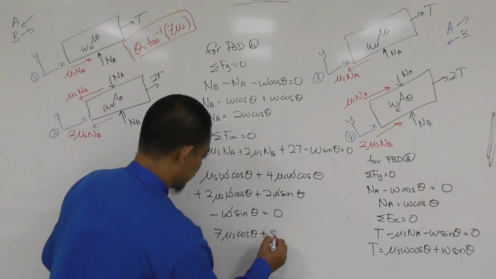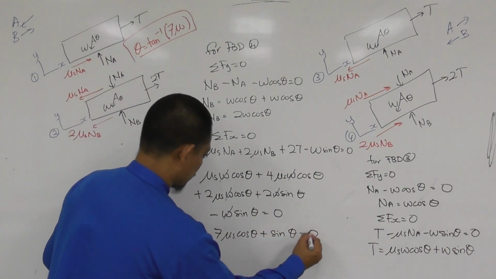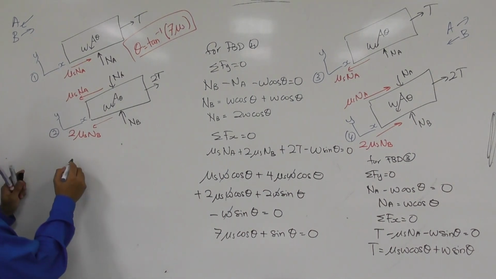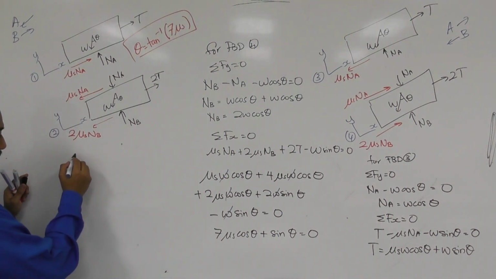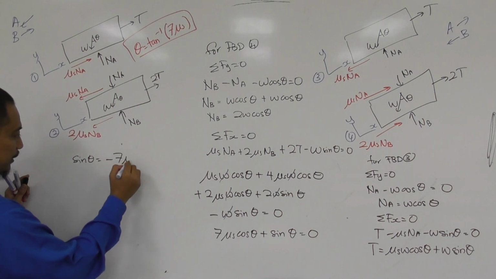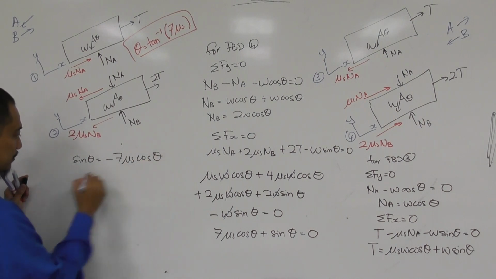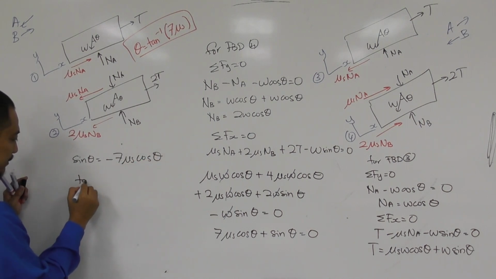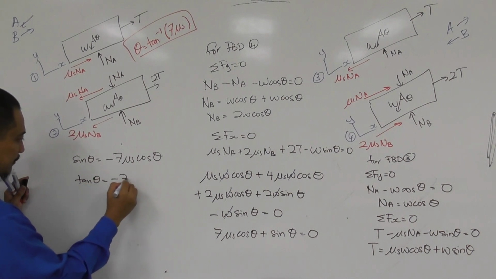So plus sin theta equal to 0. If we bring this over, sin theta equal to minus 7 mu s cos theta. Then you bring cos here: tan theta equal to minus 7 mu s.